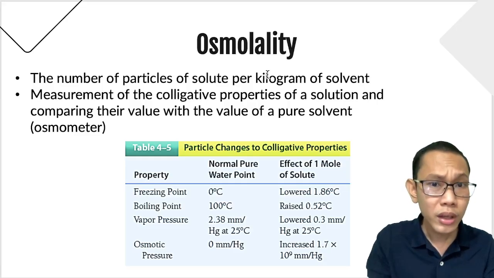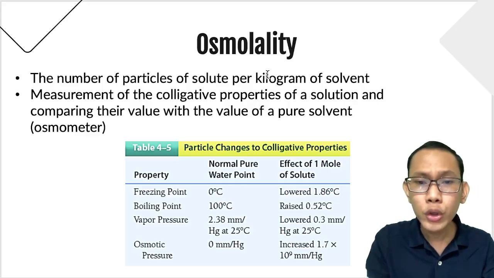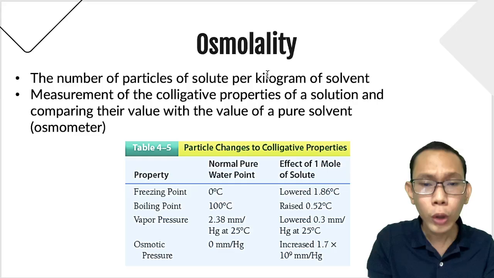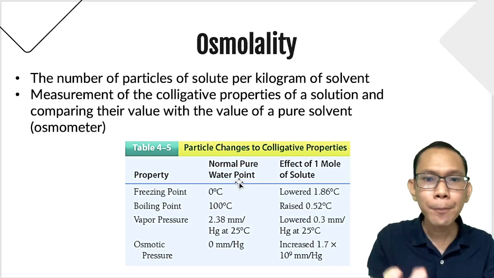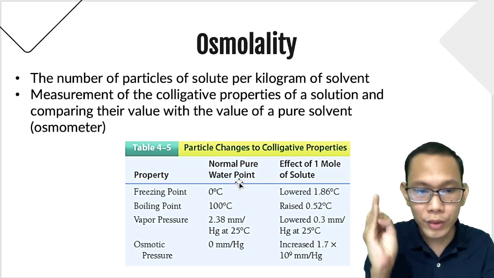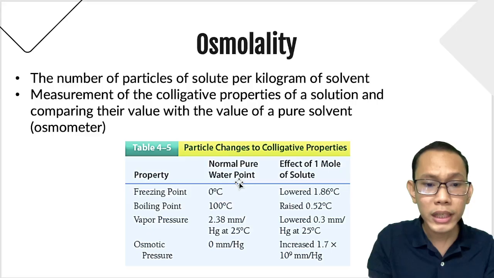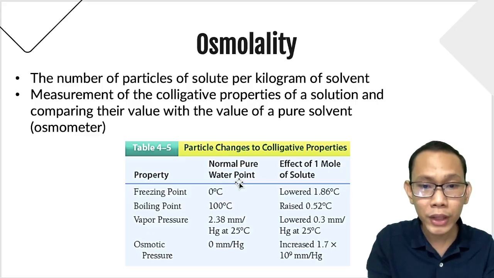That is now your colligative property. Then you have to compare that with the value obtained from your pure solvent. So remember, di ba? Meron tayong solute and meron tayong solvent. So your solute is being dissolved sa ating solvent, which will now cause changes sa ating colligative properties. Ito na yung changes sa ating colligative properties.